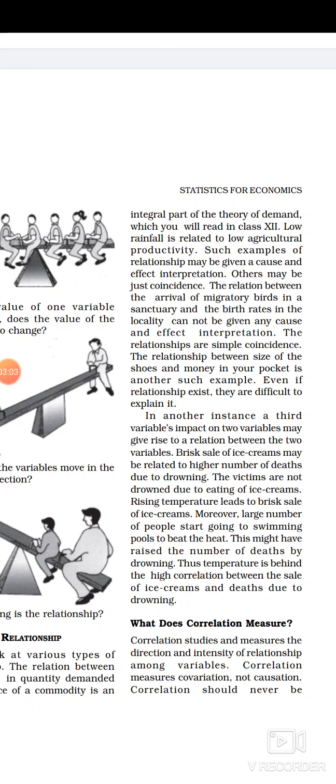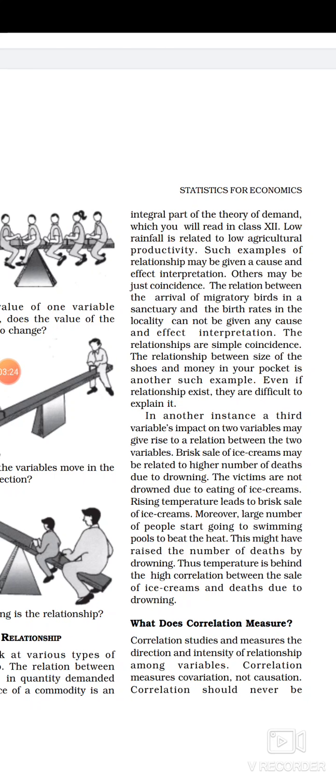The relationship between arrival of migratory birds in a century and the birth rate in the locality cannot be given any cause and effect interpretation. These relationships are simple coincidence.